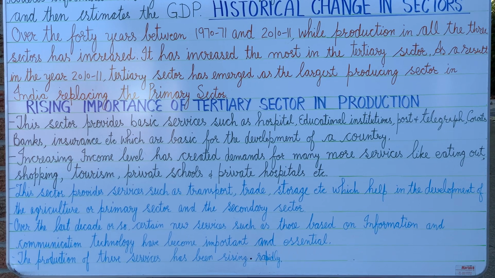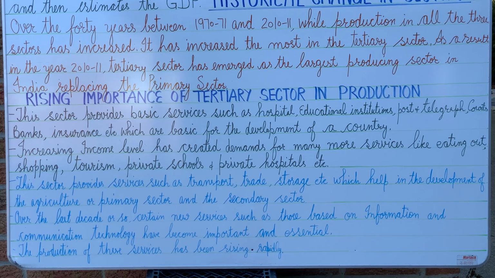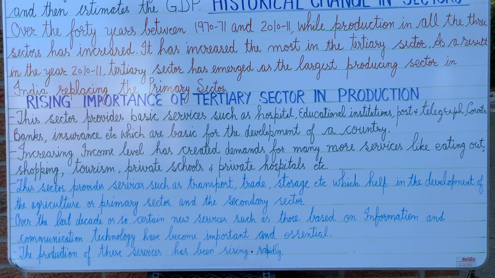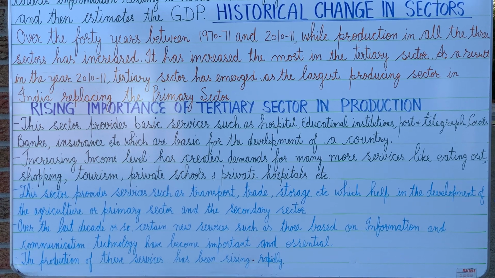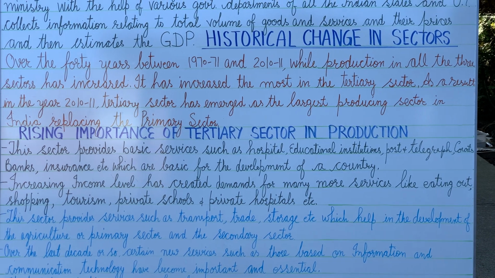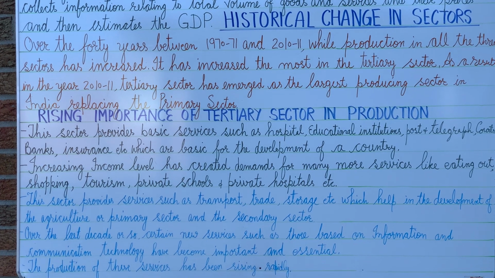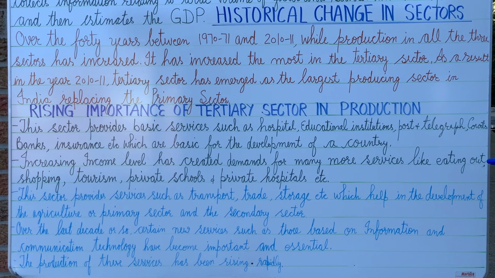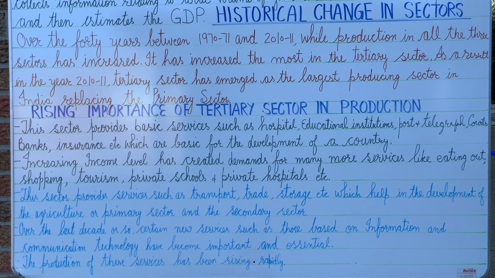Next, this sector provides services such as transport, trade, storage, etc., which help in the development of agriculture, the primary sector, and the secondary, or industrial, sector. So it also gives services and jobs to the people.